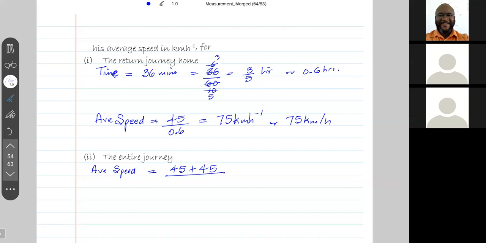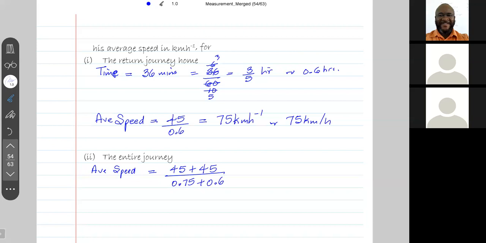Now the total time would be 0.75, which is the amount of time the teacher took to reach school in the morning, maybe there was a lot of traffic, plus 0.6, which is the time it took the teacher to come back home.